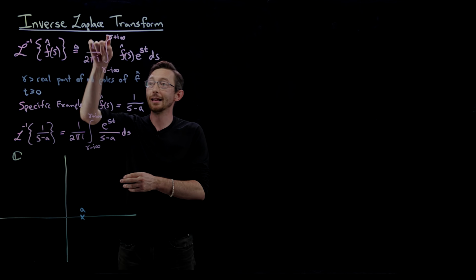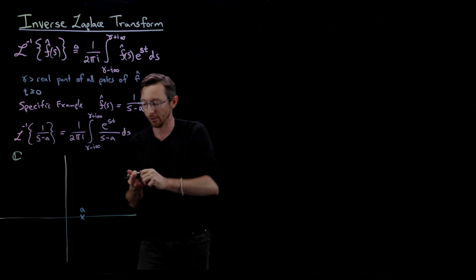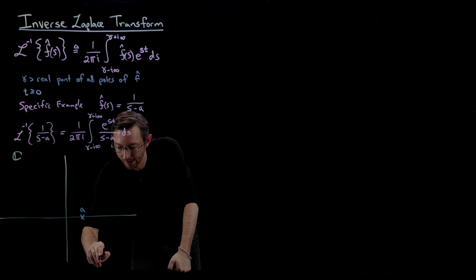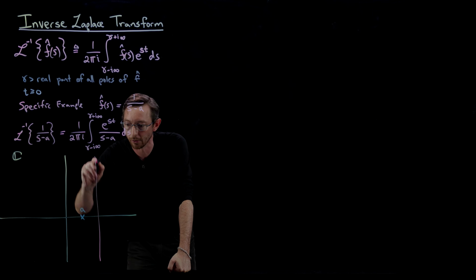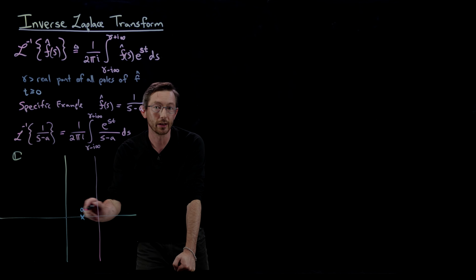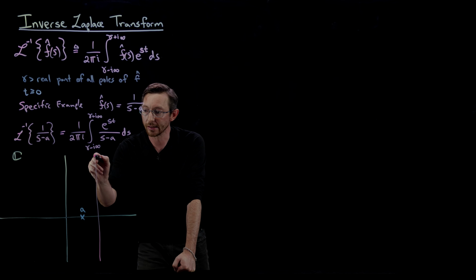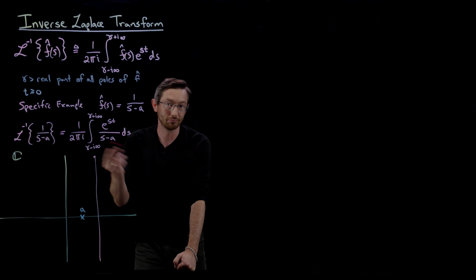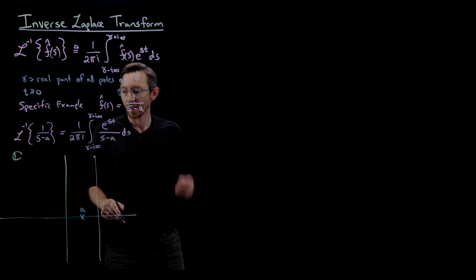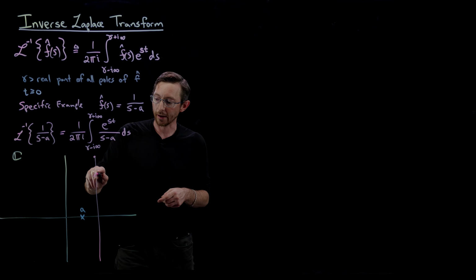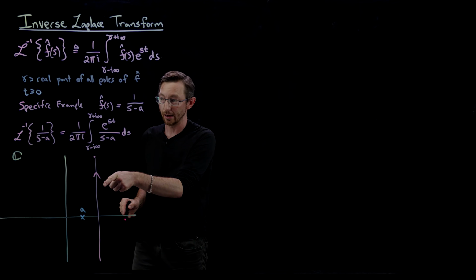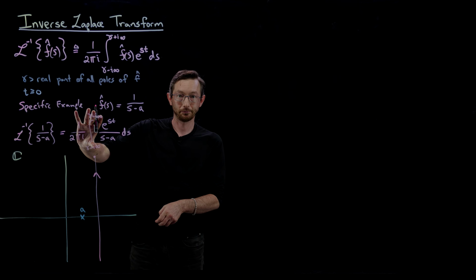So essentially this integral is along this big vertical contour that is offset from the imaginary axis by gamma. So this is kind of gamma plus i omega or something like that. And this is the integral that I want. I want this big integral here.